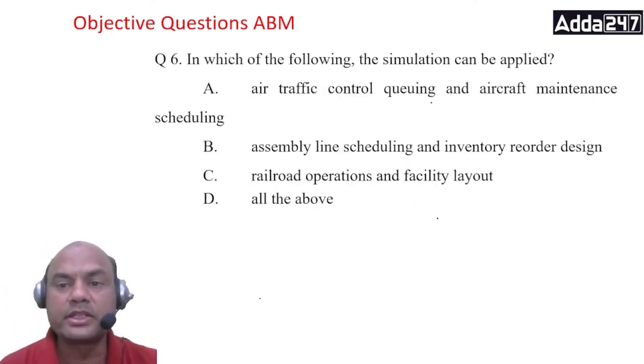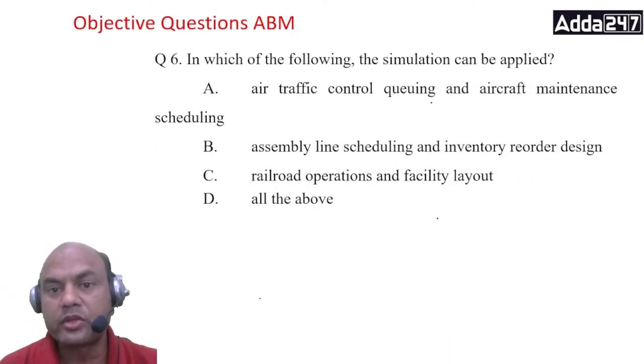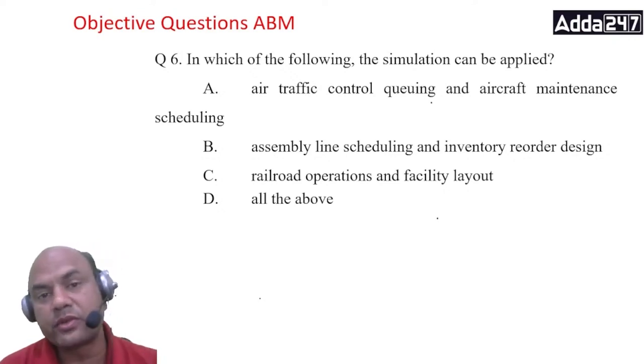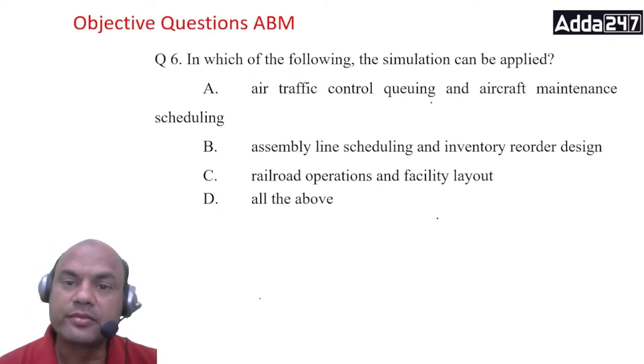In which of the following can simulation be applied? So where can the simulation be applied? Air traffic control queuing and aircraft maintenance, assembly line scheduling and inventory reorder design, railroad operations and facility layout, and all of the above. Simulation means what? What did we study about simulation now?